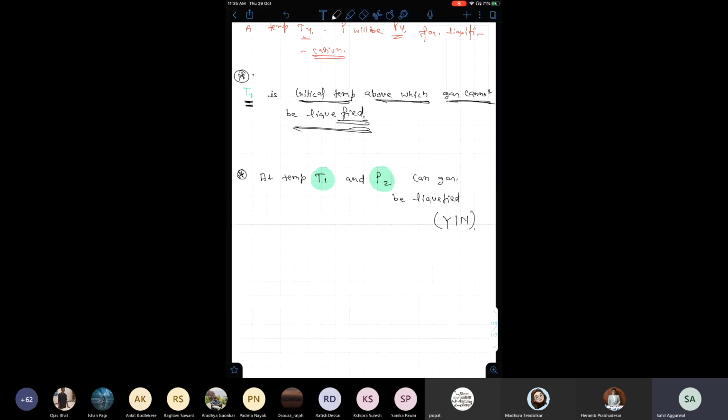We want pressure P1 minimum और हमारे पास उससे ज्यादा प्रेशर है. We have P2 and P2 is greater than P1, so definitely it will get liquefied.